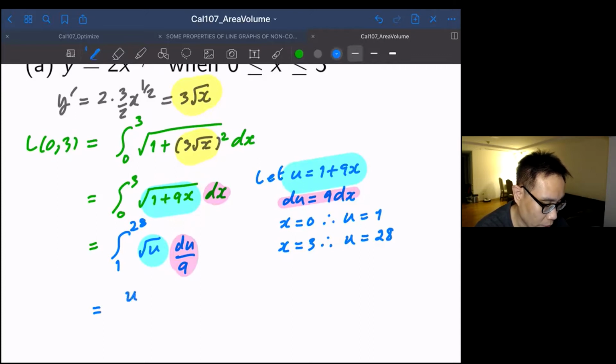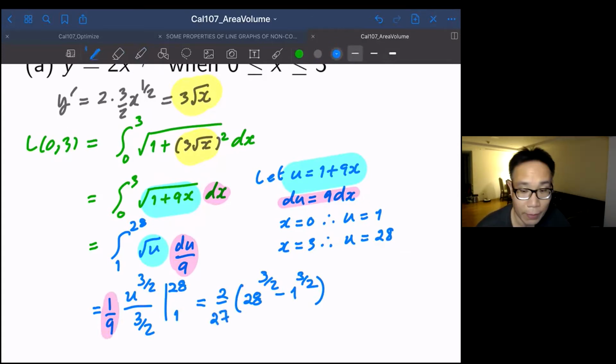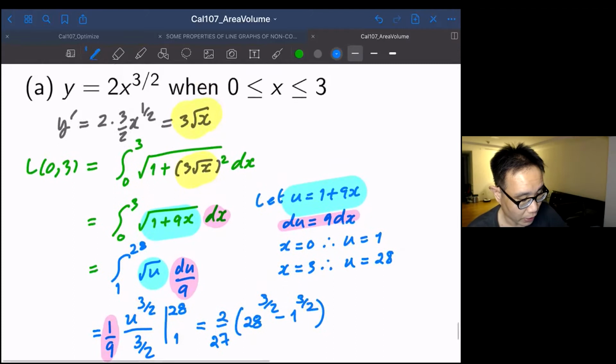So it's going to be u to the 3/2 over 3/2 from 1 to 28. So it's going to be 2/3, okay? And it's going to be 28 to the 3/2 minus 1 to the 3/2, okay? And you forgot the 9, so there's a 1/9 outside. So this one, I'm going to get 2 over 27. So that's all for this arc length.